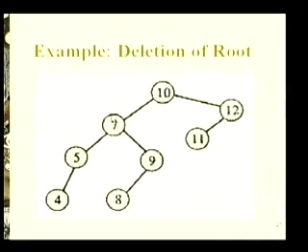Well, it is the rightmost child of the left subtree, because that will contain the maximum value, or the leftmost child of the right subtree, because that is going to contain the least value. What you can see over here, the leftmost child is 11, the rightmost child is 9.